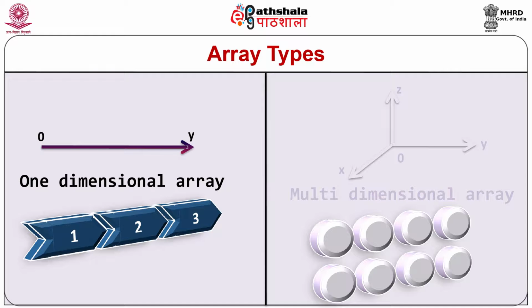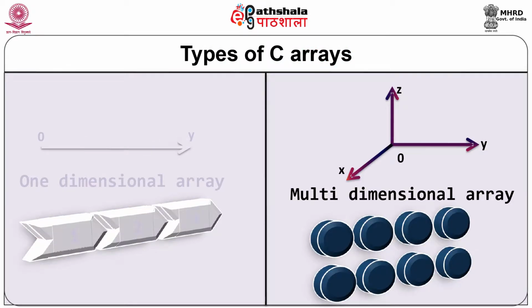Therefore, we are considering 0 to y for one dimensional array. Whereas in multi-dimensional array, the elements are entered or stored in terms of rows and columns. In this picture, you can see 3 dimensions shown like x, y and z.